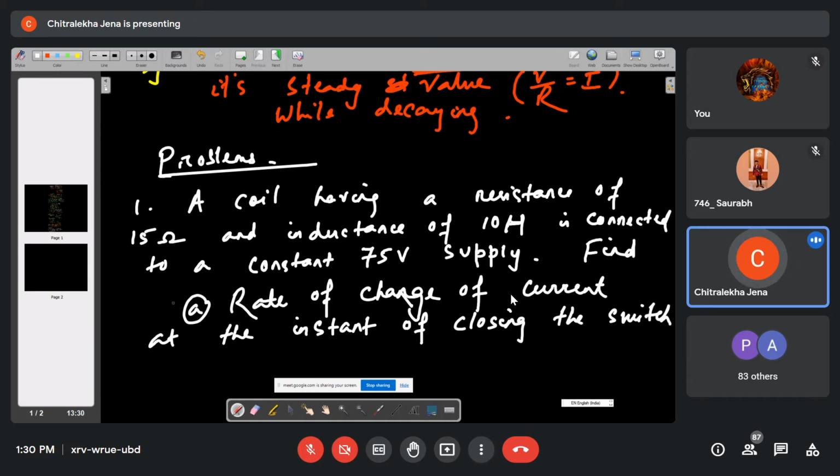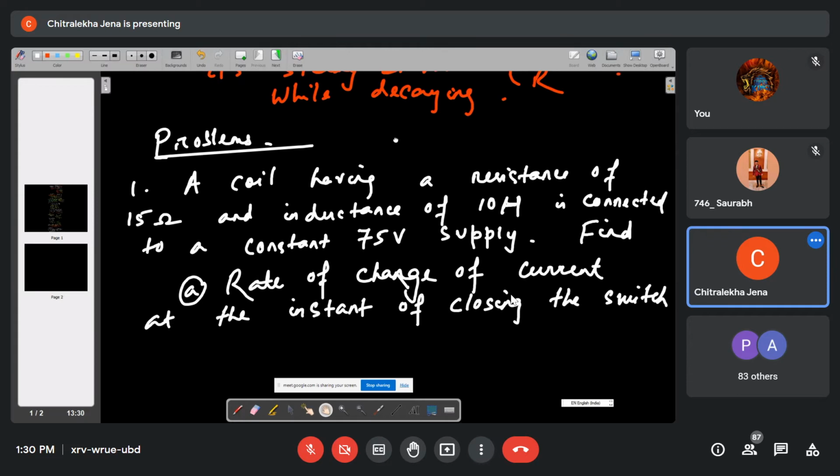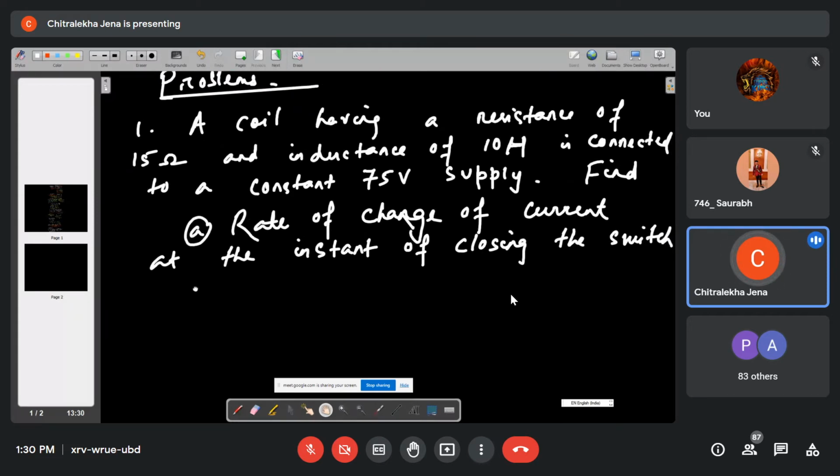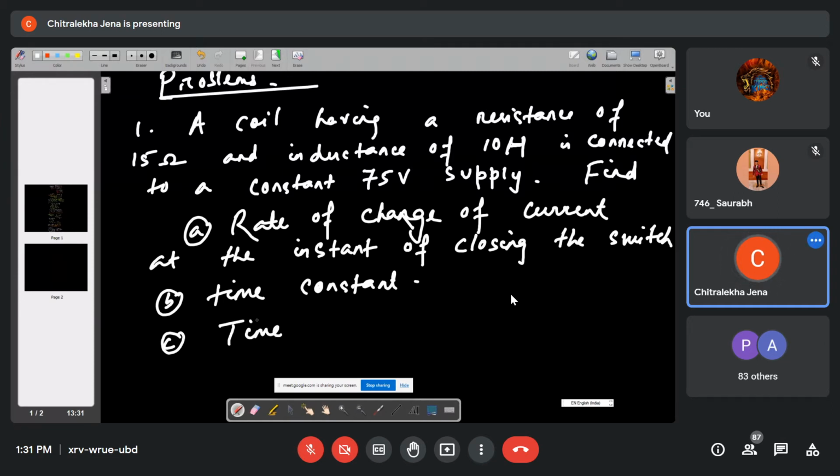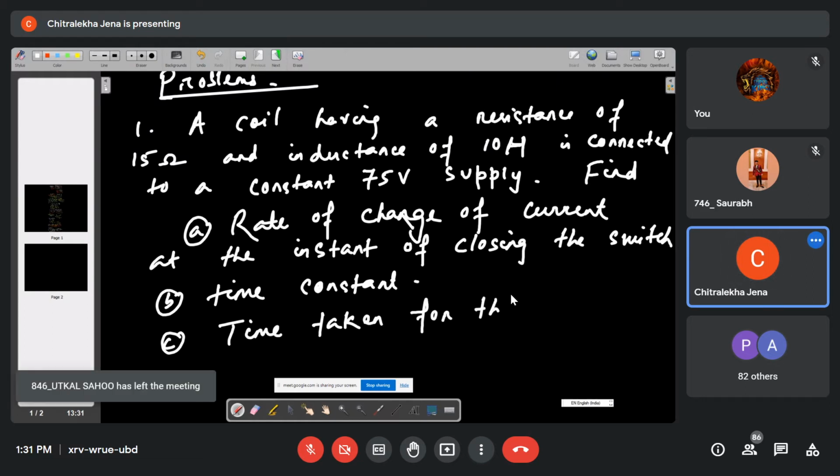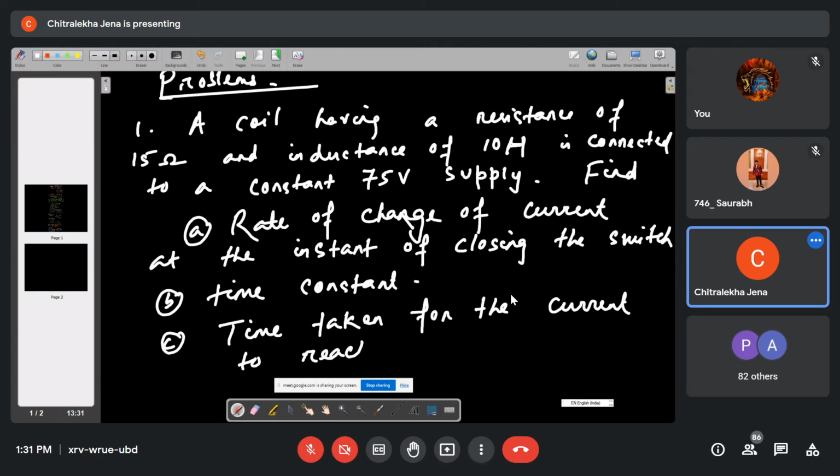All formulas you have to remember. Then bit B, you will find out the time constant of the circuit. Then bit C, you will find out the time taken for the current to reach 4 ampere. Find out.